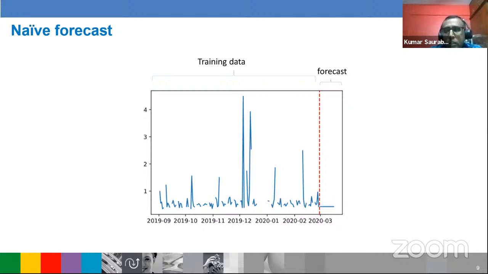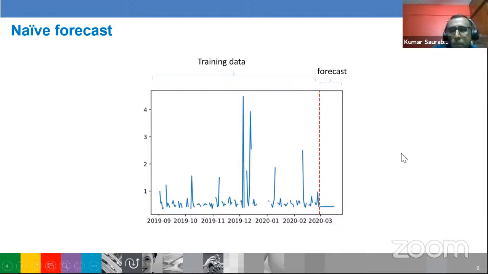With this solution, the model runtime came within acceptable limits, and it enabled us to run this forecasting model on a weekend, on a Sunday, generate forecasts for the week ahead, and provide those forecasts to the IT operations team.